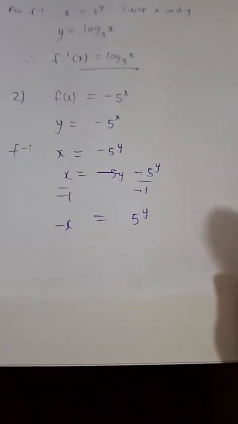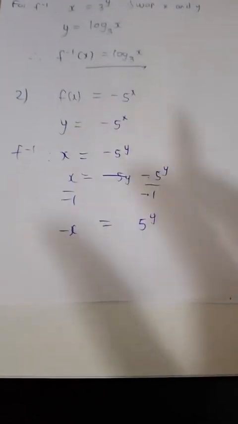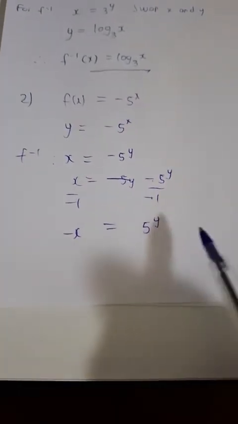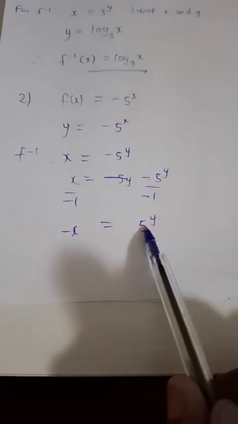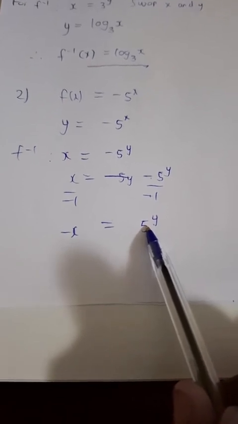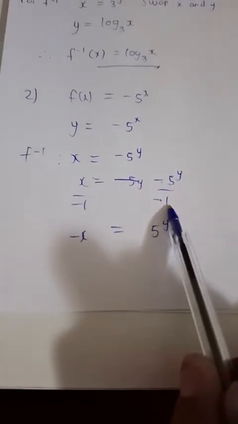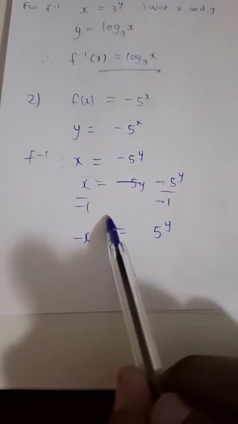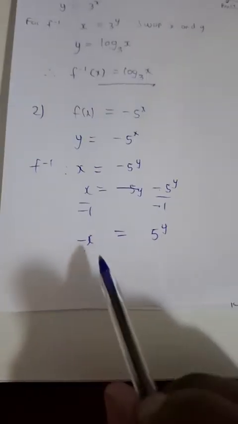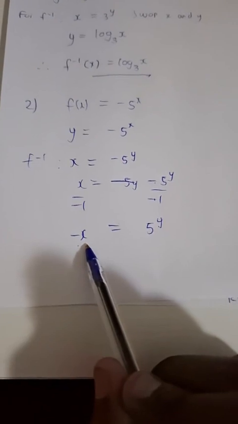Hopefully you can see why this makes sense, because what we don't want is for our base in the log form to be a negative value. So that's why we divide both sides by negative. Then from here, we can write this in log form.